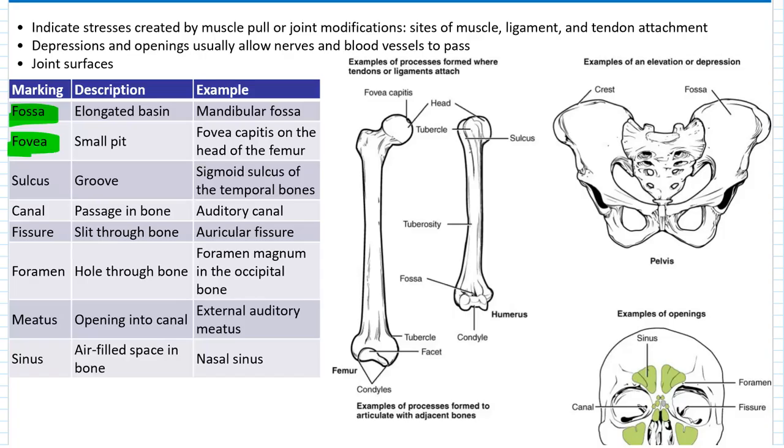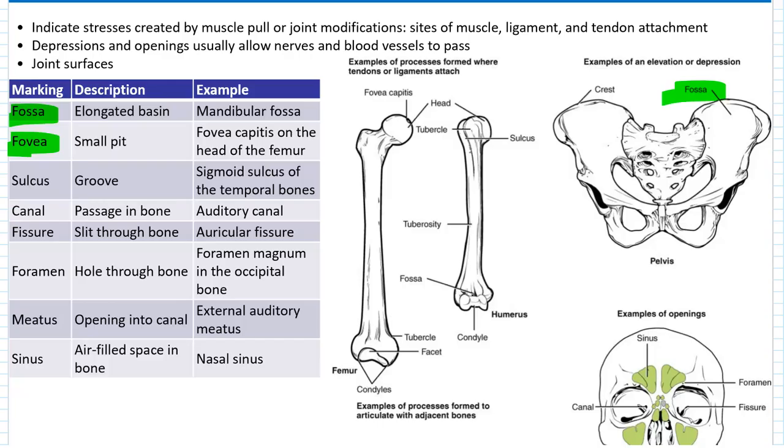Okay? These are the places where something is sitting. An organ or maybe a muscle is lying in the fossa. So if you look at the pelvis, the fossa is a flat surface. This is where our organs sit. This is where some muscles are housed.